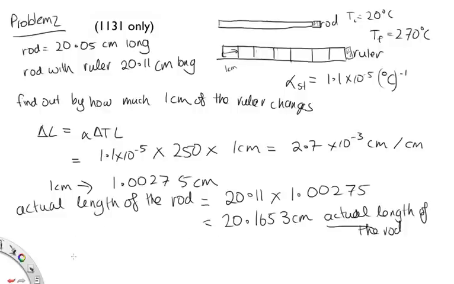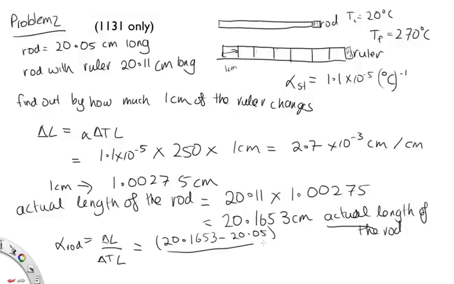Okay, so now we can work out the expansion coefficient of the rod just by rearranging this equation. We've got the expansion coefficient of the rod is equal to the change in length of the rod over the change in temperature times the initial length. And so the change in length is the final length, 20.1653, minus the initial length, 20.05, over the change in temperature, which was 250 degrees C, times the initial length, which is 20.05.